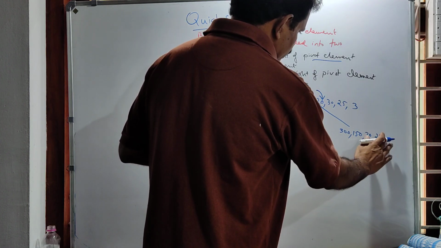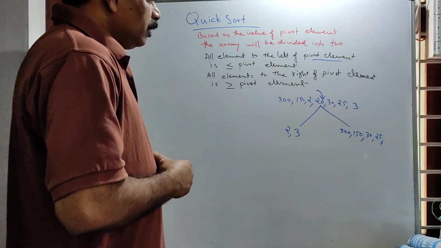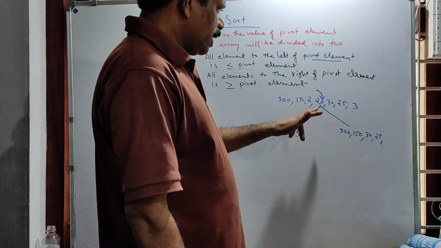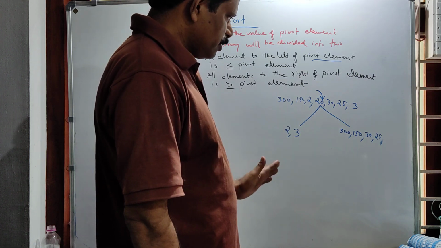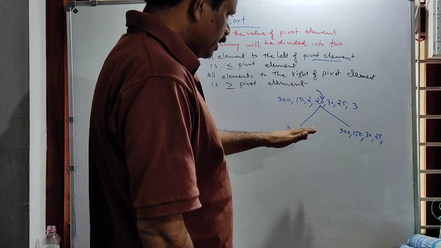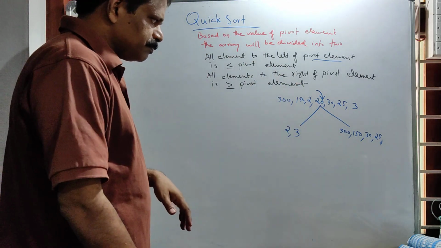Okay, these are the elements greater than or equal to 20. So this means we have placed the pivot element in its correct position. Okay, so remaining elements are arranged on the left subtree and right subtree.